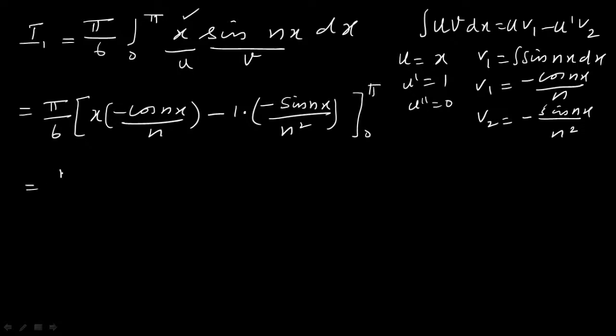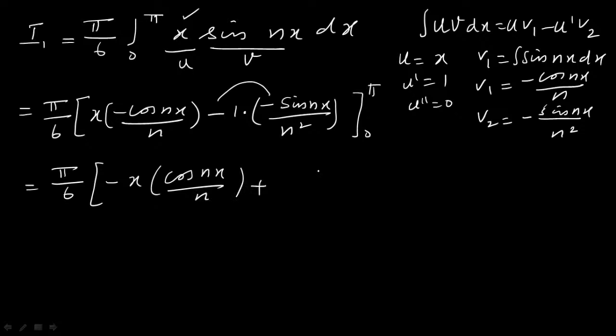That is equal to pi over 6. So let me simplify the signs. Minus and minus here becomes plus. Here you have minus, so take it to the front: minus x cos nx divided by n plus sin nx divided by n square with the limit from 0 to pi. Let me substitute the limit, upper limit first and then lower limit.